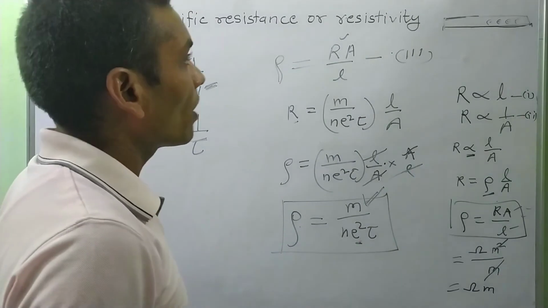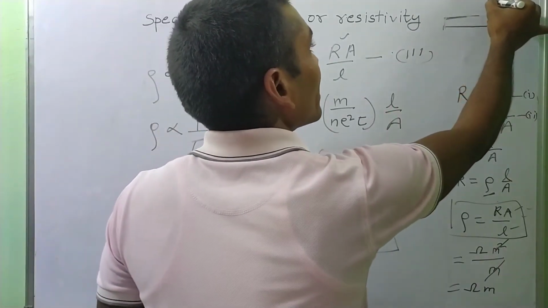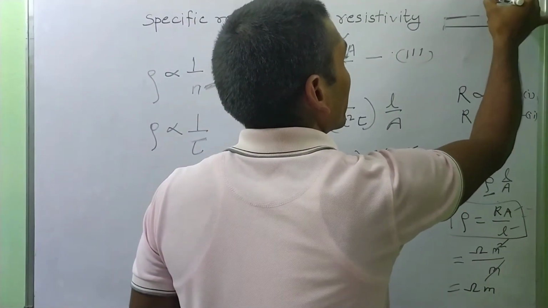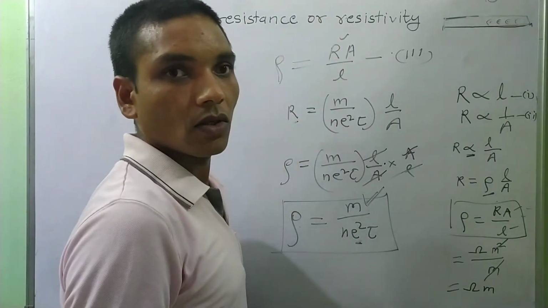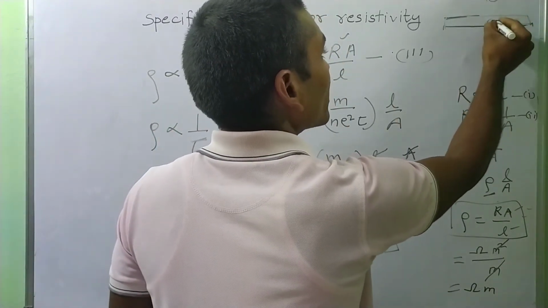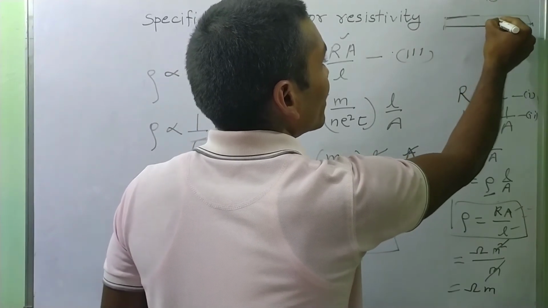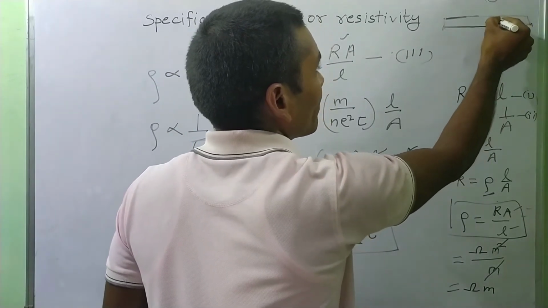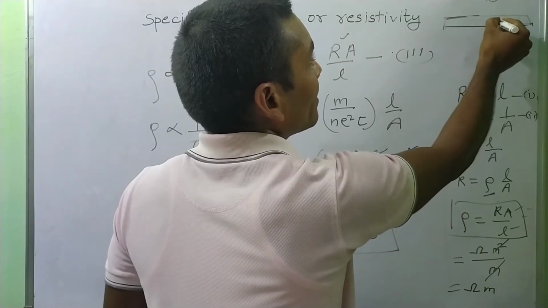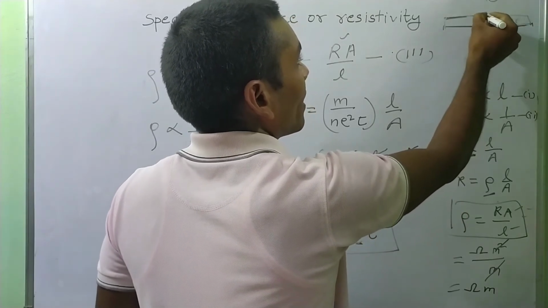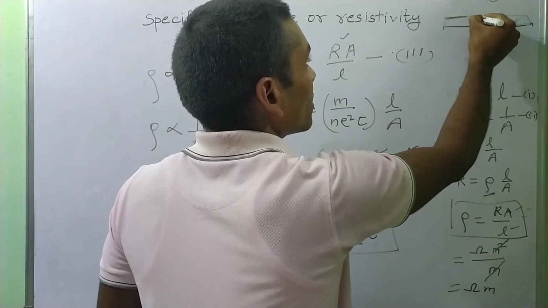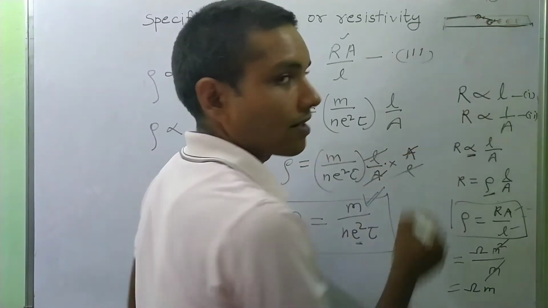Now when the temperature of this conductor is increased, this moving electron will collide with this atom, deflect, and go along this direction.